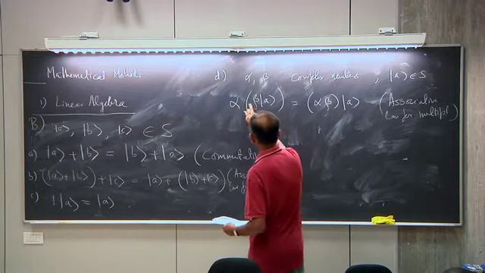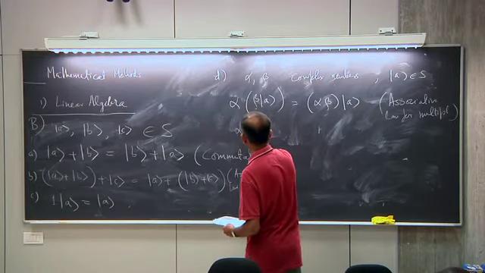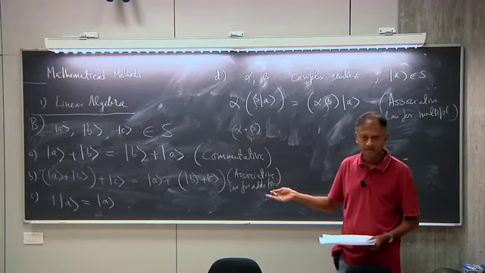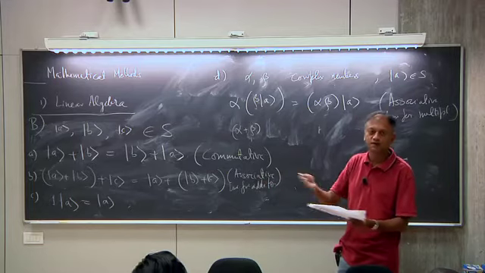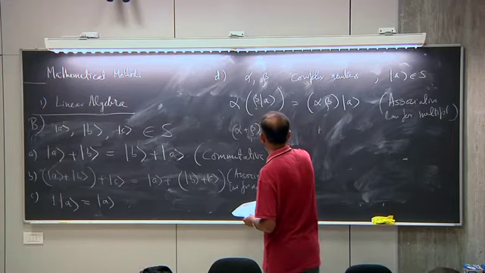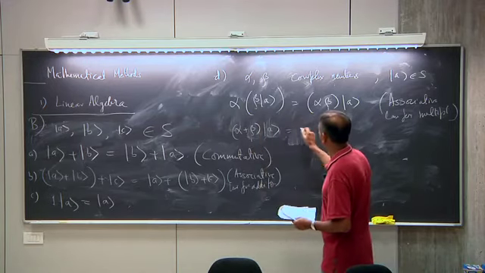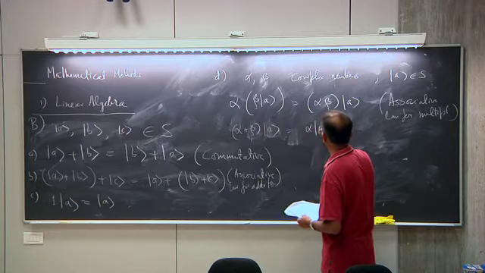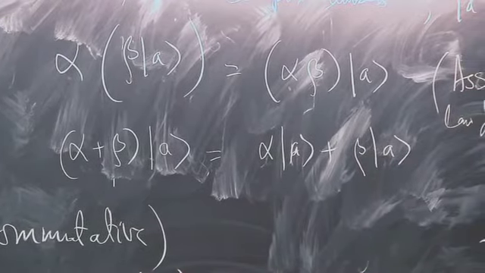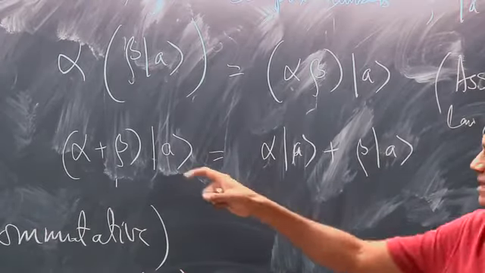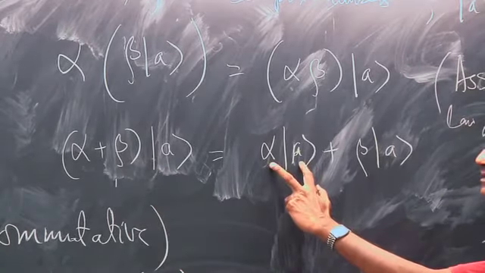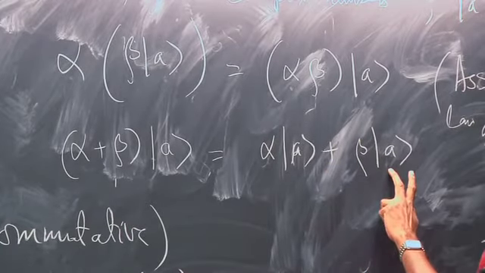For example, in the complex numbers, you have the notion of addition, right? The sum of two complex numbers or sum of two real numbers is again a complex or a real number, right? Adding two numbers, 2 plus 3 is 5, no? Like that. So if I take this sum of the two numbers and multiply to the vector A, that is the same as multiplying alpha with A and adding to that beta times A. Yeah, that's again going back to the two-dimensional example. Suppose alpha was 2 and beta was 3. So what we are saying is 2 times A plus 3 times A. You add them up.